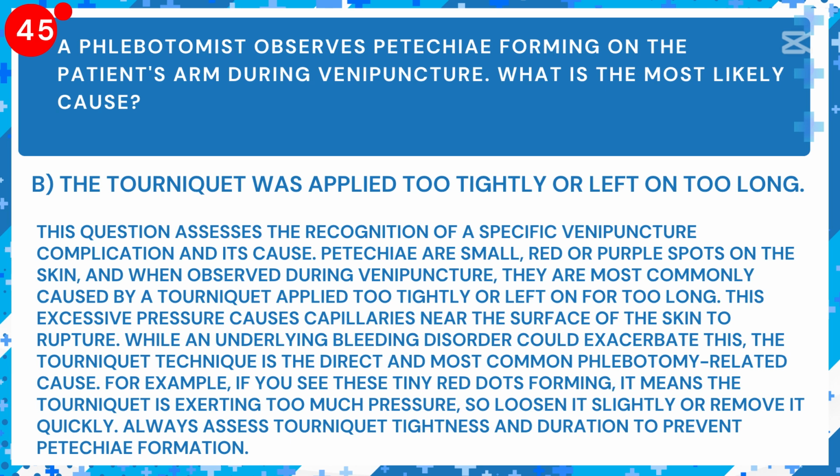While an underlying bleeding disorder could exacerbate this, the tourniquet technique is the direct and most common phlebotomy-related cause. For example, if you see these tiny red dots forming, it means the tourniquet is exerting too much pressure, so loosen it slightly or remove it quickly. Always assess tourniquet tightness and duration to prevent petechiae formation.